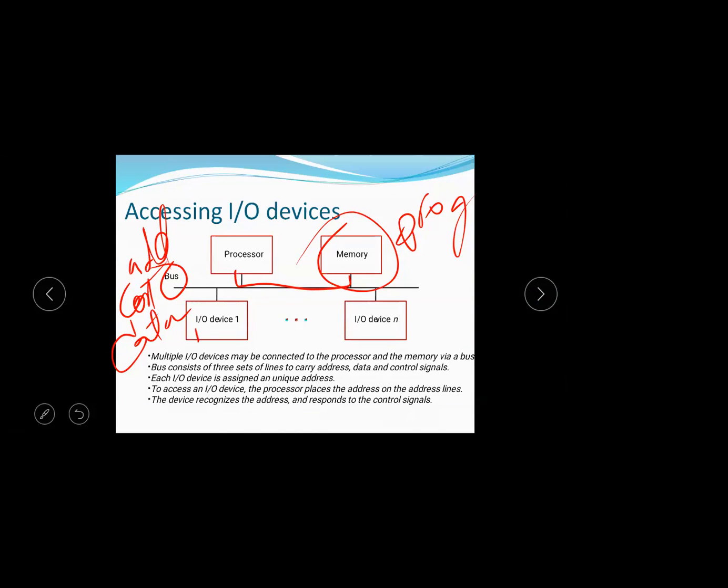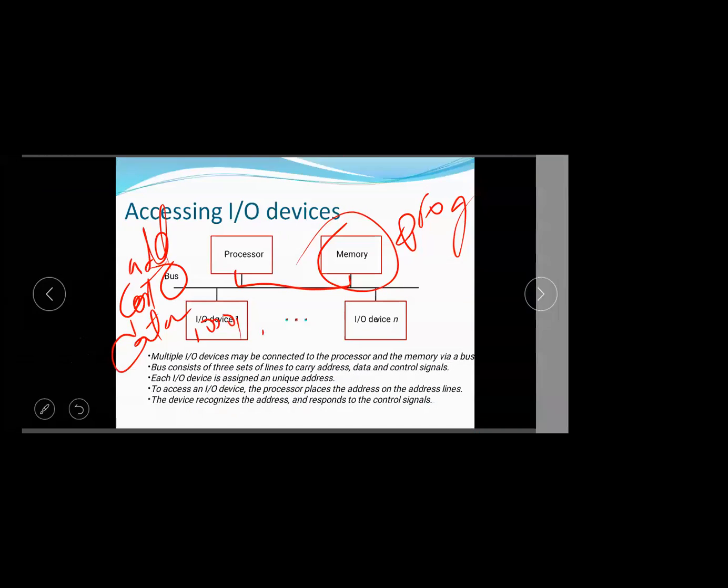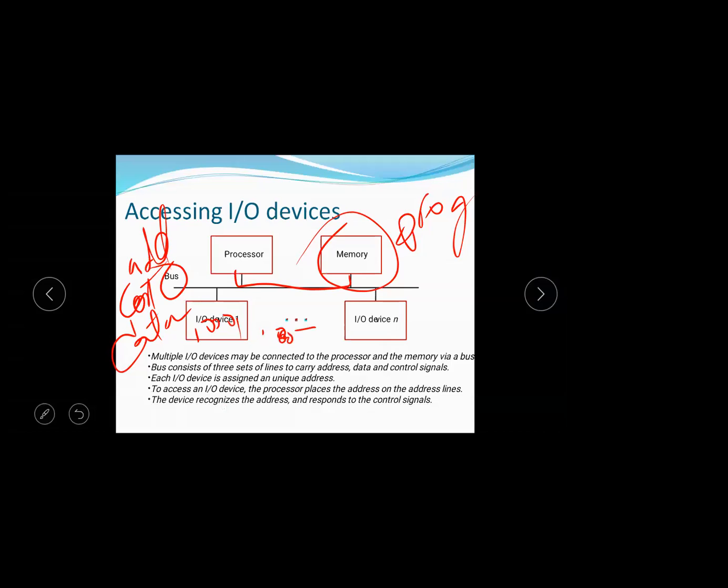For example, the keyboard address is 1001, for monitor it is 1002, and for printer it is 1003, like that. For each device we have assigned one address.